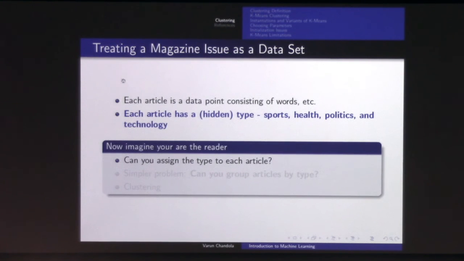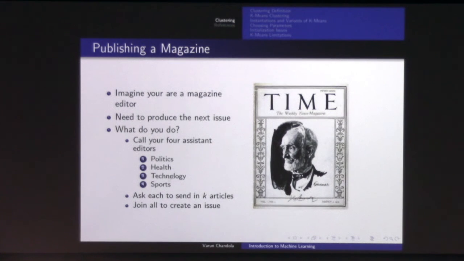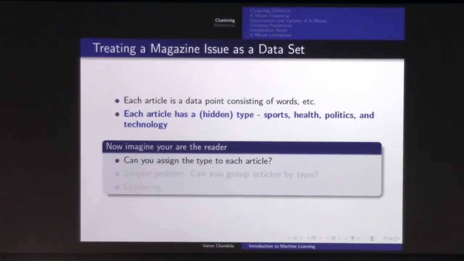Now let's say you as a reader, when you get that magazine, you don't know which category it came from, who was the sub-editor who actually created that article. All you see is a collection of articles. Now, as a reader, can you group these articles by their type? In fact, what you really want to do is infer the type, one of these types, based on reading all the articles.